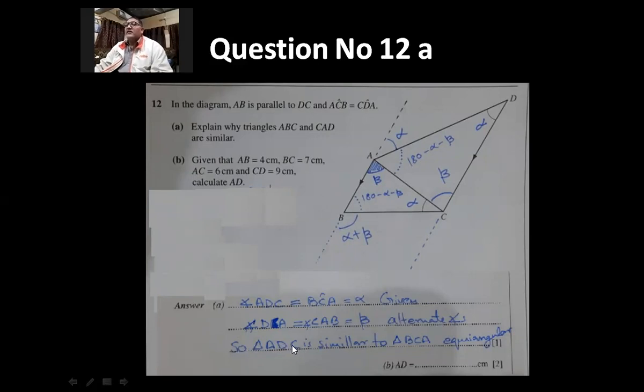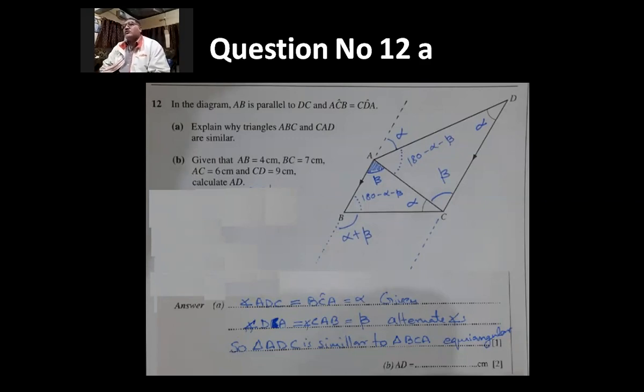So the triangle ADC is similar to the triangle BCA because they are equiangular triangles. If you are comparing two triangles and their two angles are the same, then the third one will obviously be the same. So we say that they are equiangular and they will be similar. This is how you will do question number 12, A part.